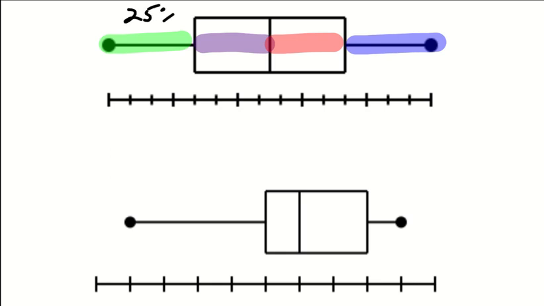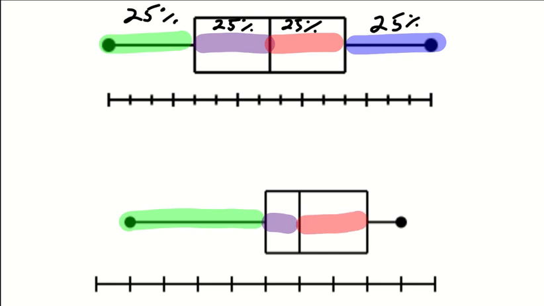So 25% of my data is there, 25%'s there, 25%'s there, 25%'s there. For this box plot down here, for these sections, are these the same? Yeah, they are. Each section is 25% of the data.